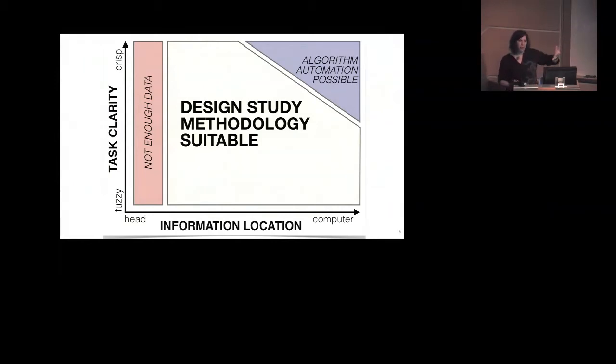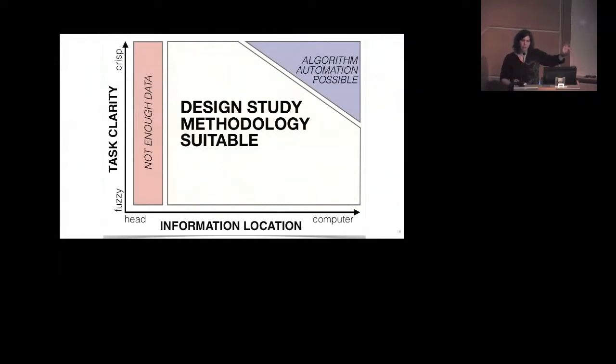And I find it useful to think about how much do you understand about the task and where is crucial information? And what I like to think about is along the bottom axis there is crucial information in the heads of users only, in which case there is no hope of doing computation, or is more and more of that actually in computable form? But not just the information, but the task.